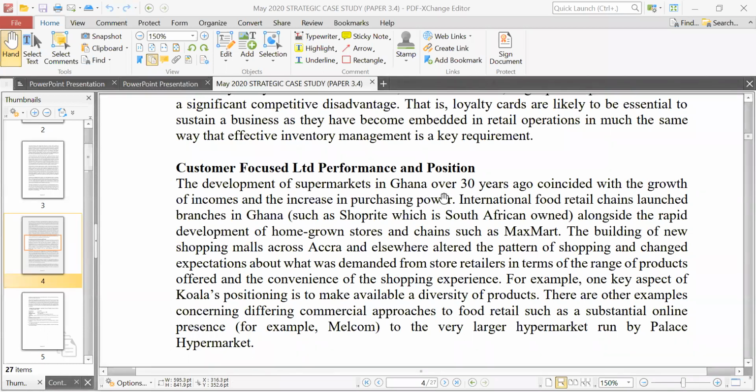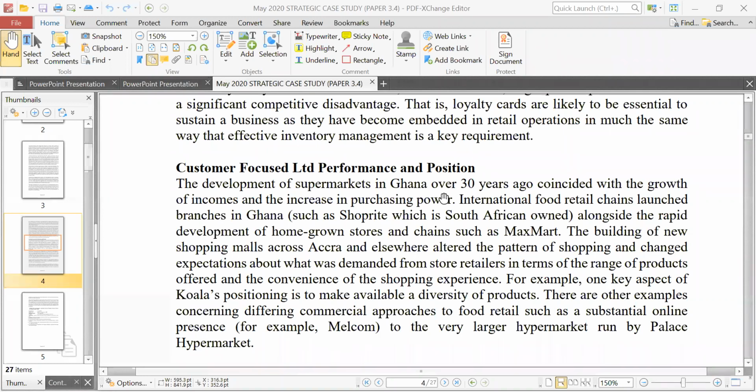The building of new shopping malls across Accra and elsewhere altered the pattern of shopping and changed expectations about what was demanded from store retailers in terms of the range of products offered and the convenience of the shopping experience. For example, one key aspect of Qualys' positioning is to make available a diversity of products. There are other examples concerning differing commercial approaches to food retail, such as a substantial online presence, to the very large hypermarket run by Palace Hypermarket.